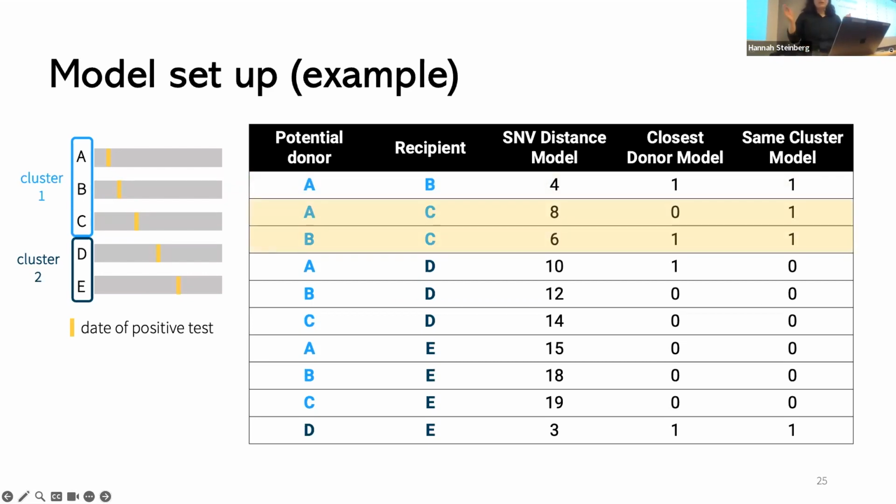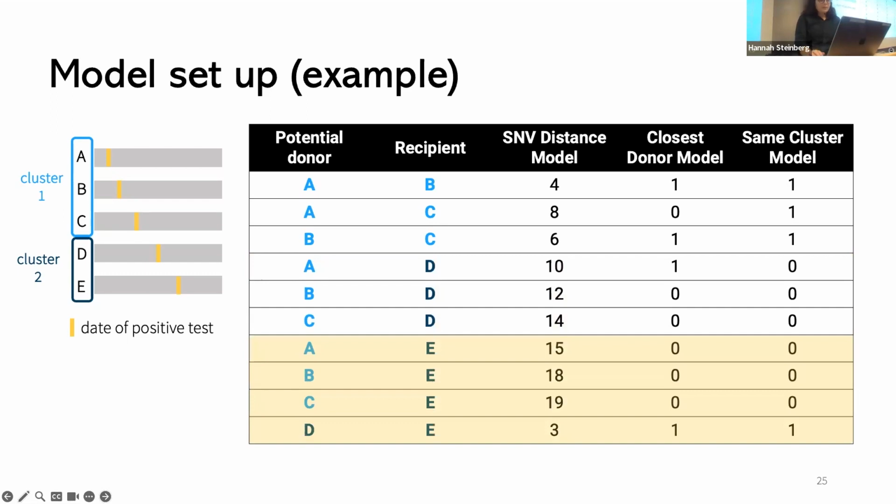Then for C, they could be infected by either A or B, but because they're more closely related to B, they're going to be their closest donor match. But they are in the same cluster for both A and B. Patient D could have been infected by A, B, or C. They're not actually in the same cluster as any of them, but who knows, maybe some interhost evolution was happening, or maybe we missed a transmission link, but because it's closest in SNP distance to A, we're going to say that A is their closest potential donor.